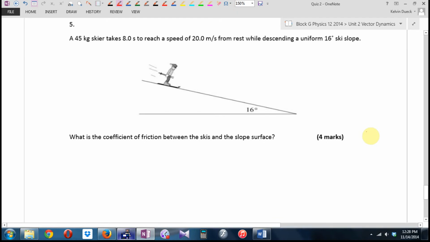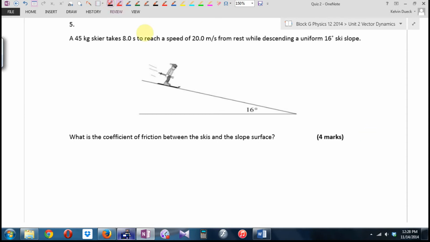I think what I'm going to do, though, Jordan, is write an equation with mu using forces, get mu by itself, and then go find A, because I think that's what I'm going to need. I think that's why they gave me the time and the from rest and the 20 meters per second. I think I can pull this off.